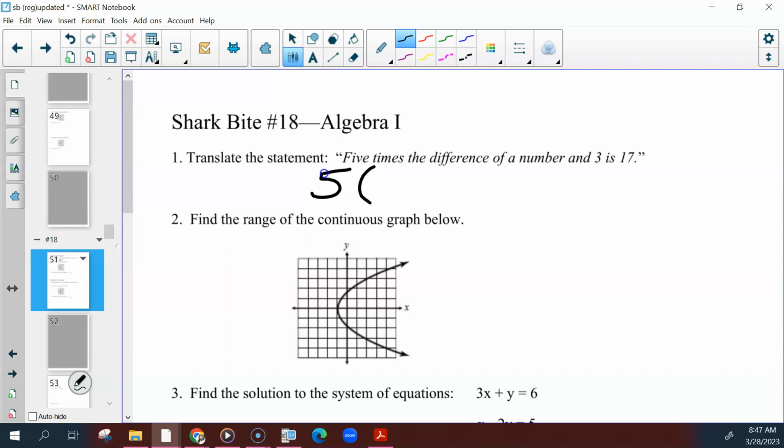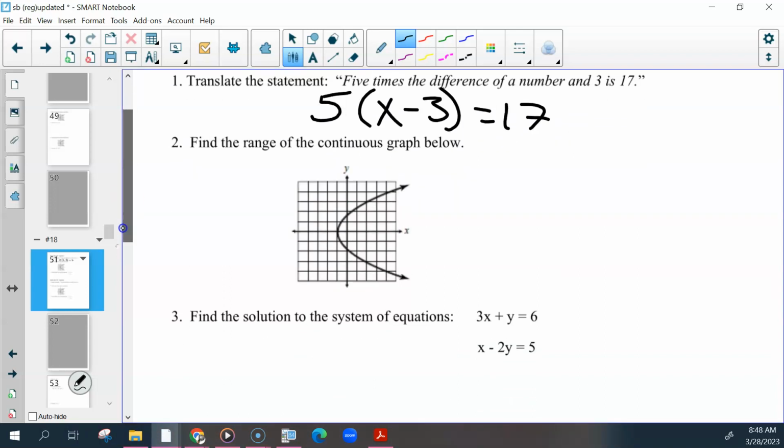Pick whatever variable you want. I'm going to say x minus 3 equals 7. Any others on the shark bite? Yes.